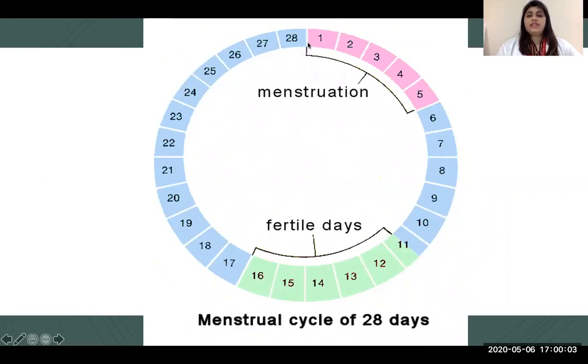It lasts for 5 to 7 days. At the 14th day, ovulation occurs. Ovulation means releasing of the egg, which occurs 14 days before the next menstrual cycle.